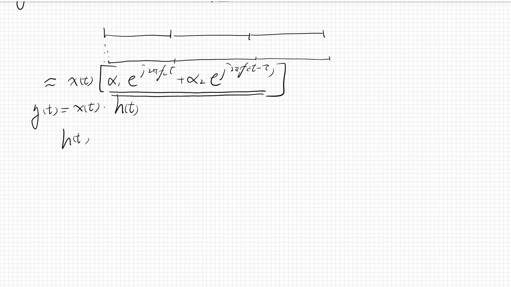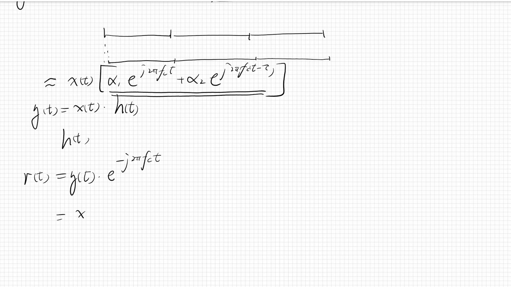h(t). At the receiver side, we will do a down conversion. Therefore, the received signal is y(t) multiplied by e to the power negative j 2 pi fc t, fc being the carrier frequency.